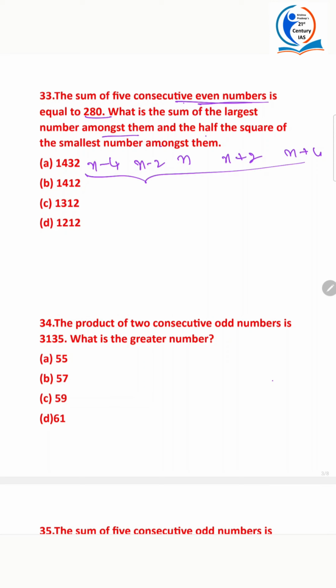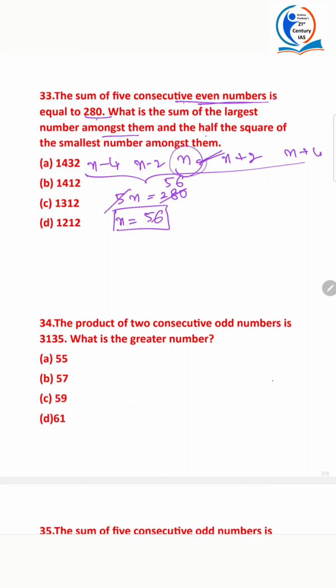So, when you add them, you will get 5n is equal to 280 and n is equal to 56. Alright. You have to also note a point here that n is the average of these 5 numbers. There can be a potential question saying the sum of 5 consecutive even numbers is equal to 280. What is the average of these numbers? It is the same thing.